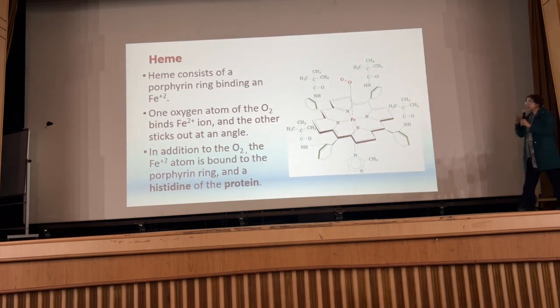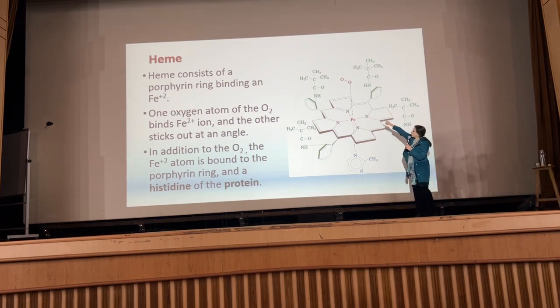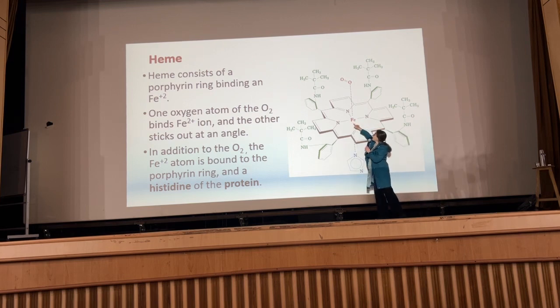Okay, this is heme. Which one is heme? This one in black. This part is the heme group, including the Fe+2 in the middle.